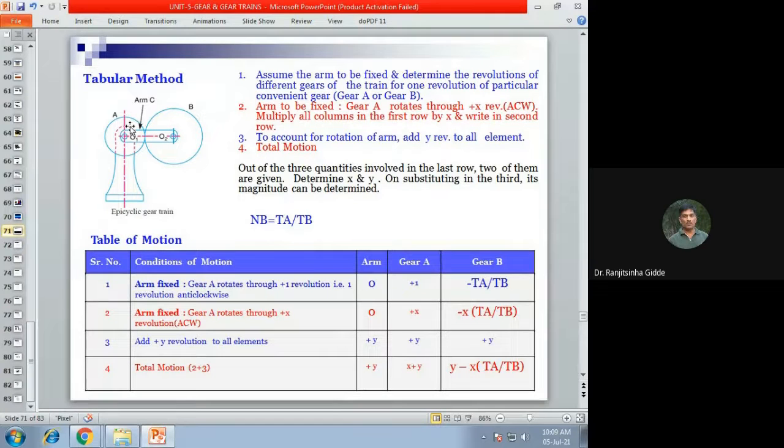Now suppose this A is rotating in anti-clockwise direction, B will rotate in clockwise direction. What is TA? Number of teeth on A. What is TB? Number of teeth on B. Now A is rotating in anti-clockwise direction, which we have considered as positive, and B will rotate in clockwise direction, we are going to consider it as negative. So therefore here we are going to write minus sign.